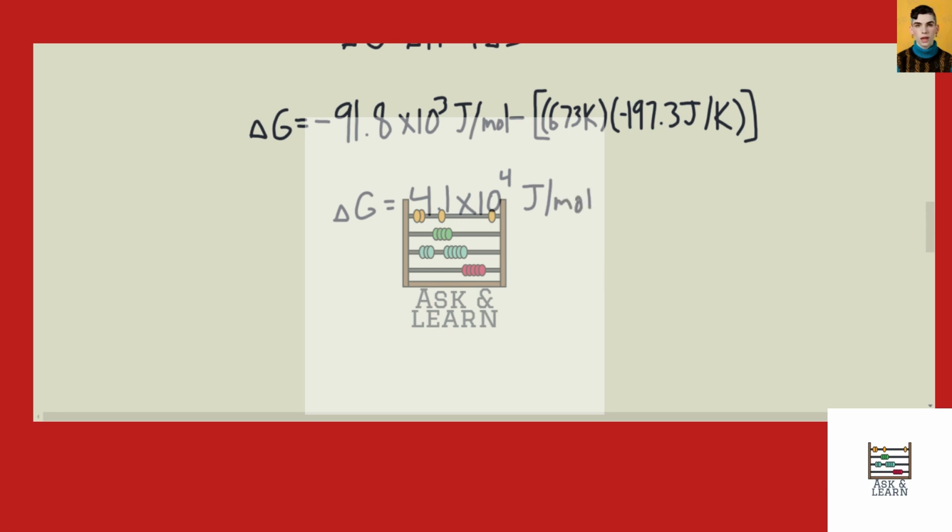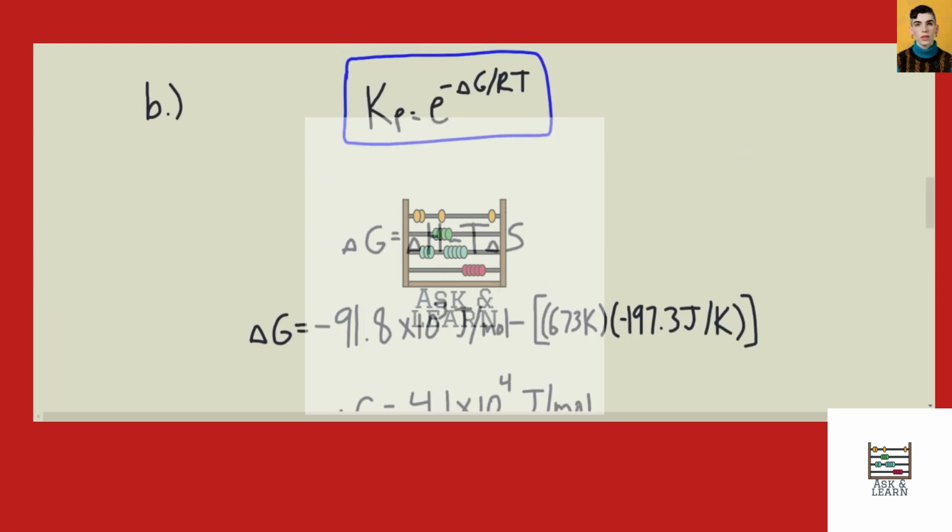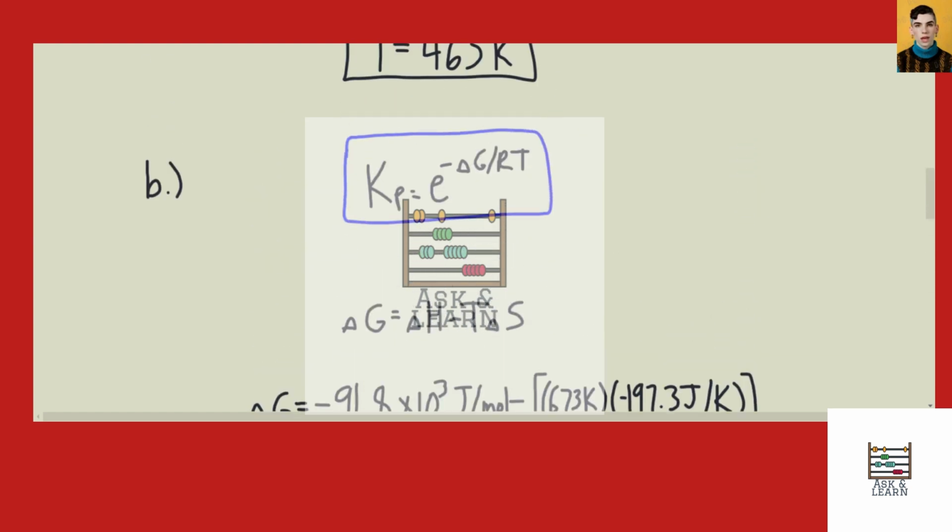And now we plug in that delta G value at that given temperature into this equation to solve for Kp at that temperature.